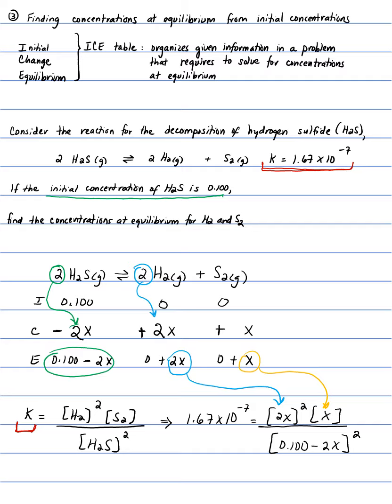When you have a numerical value of K that is such a small number, you have a lot of reactant, which means that your reactant is not converted to product. It is converted to product, but the amount is so small that we can actually assume that that initial concentration remains the same.